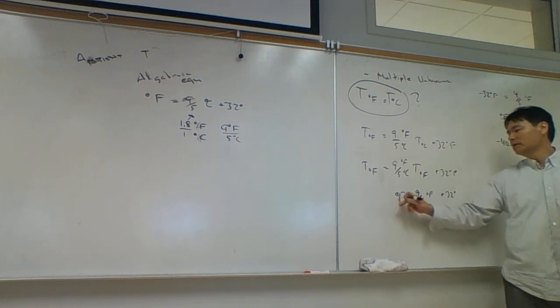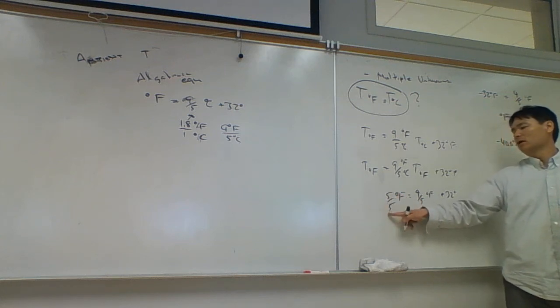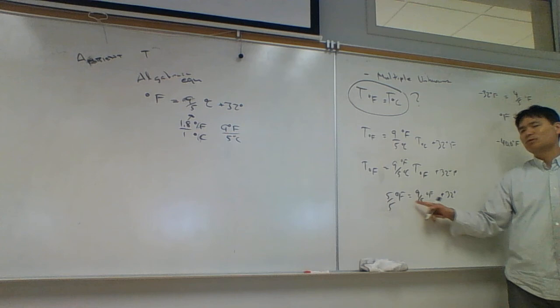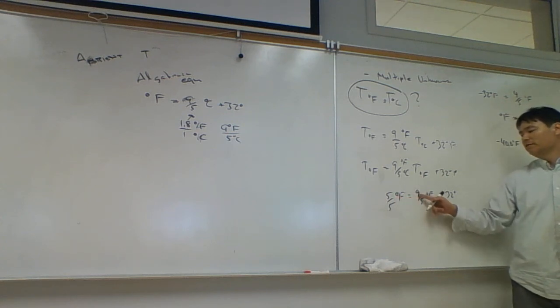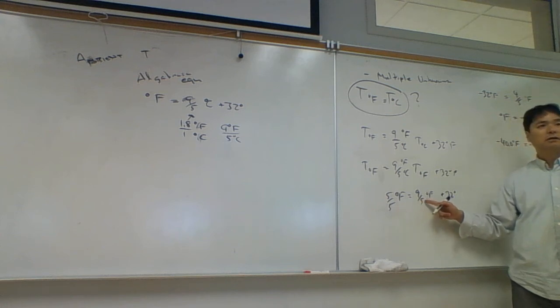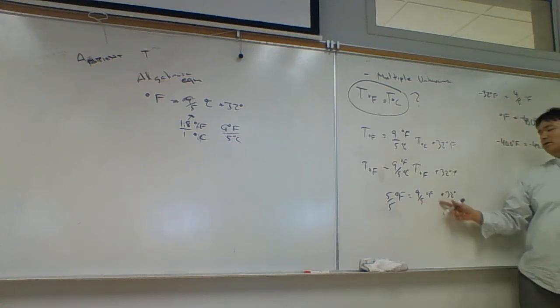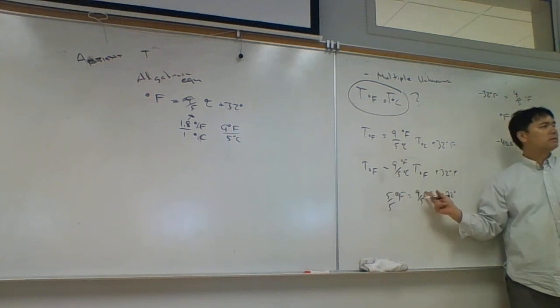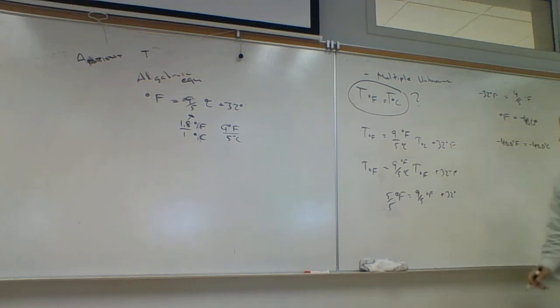To get it in the common denominator, I just multiplied by 5. And so rather than calling it 1, I called it 5/5 and then subtracted it from both sides. And so 9/5 minus 5/5 should give me 4/5. And then I took the 32 and subtracted it from both sides. And so in other words, it was this: 9/5 minus 1 equals what?